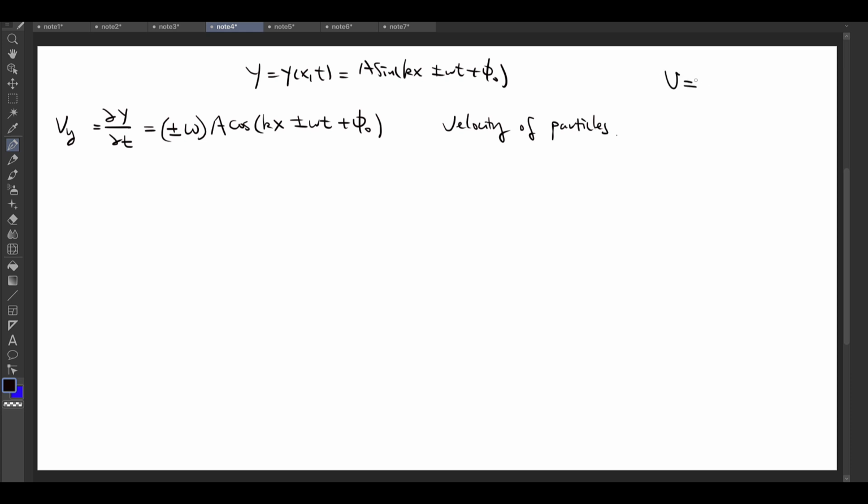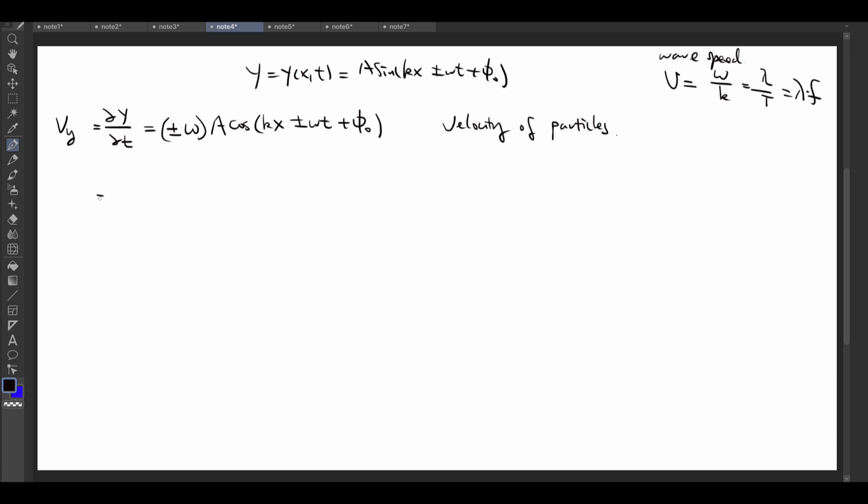Wave speed is V without the index y, and it's defined as omega over k, or lambda over T, or lambda times f. So that's the wave speed. It's a different quantity from the particle speed.